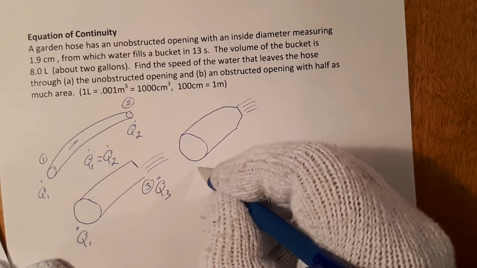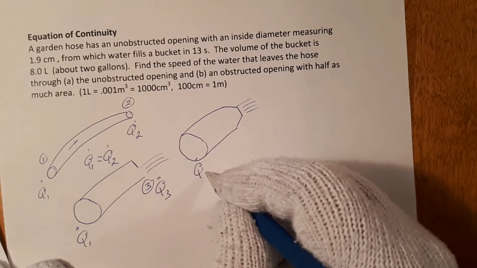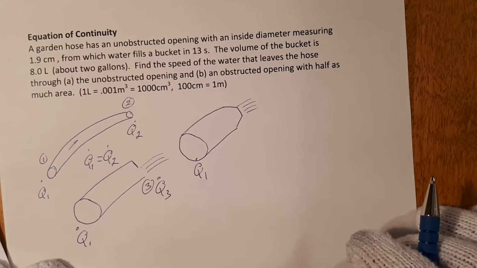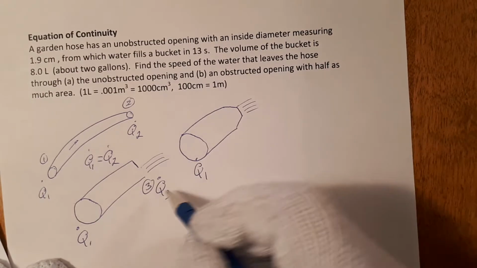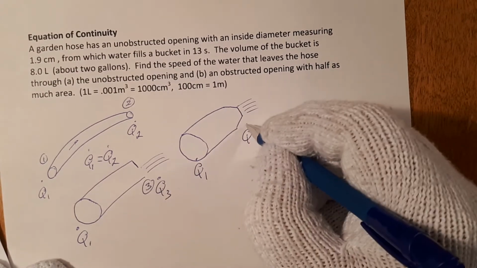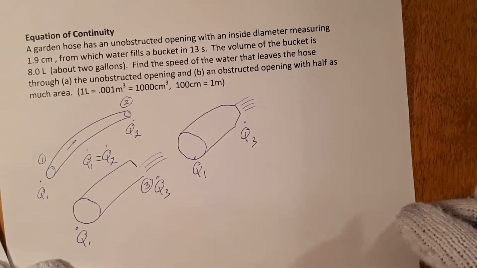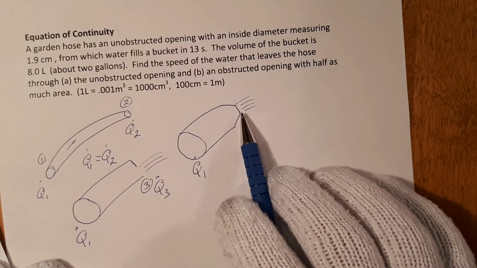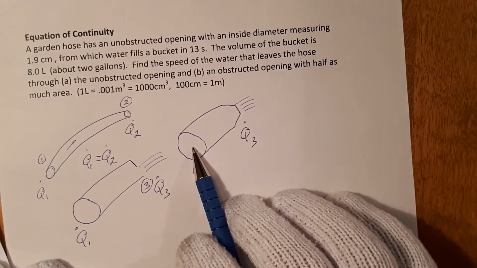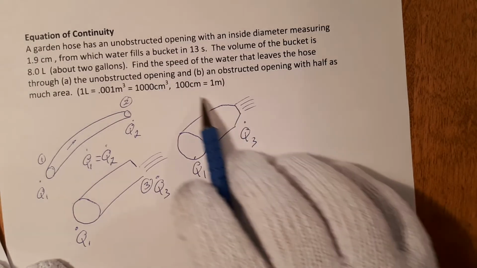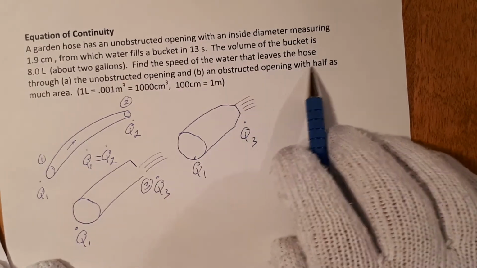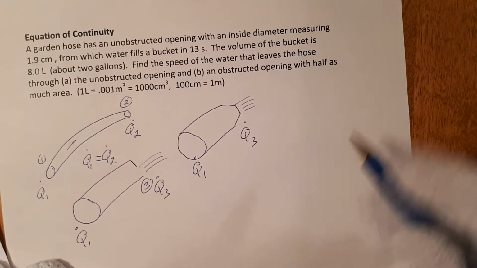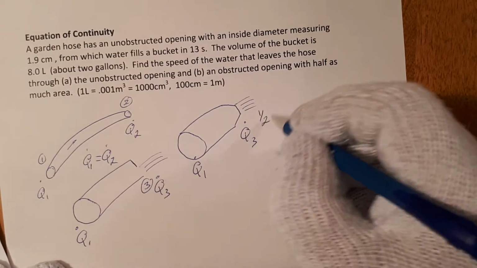So in here, going in, the volume flow rate going in, Q1, and the volume flow rate coming out will be Q3, Q dot 3, the volume flow rate leaving. The difference between here and there is this is half the original diameter. Or I should say this has half the original area, an opening with half as much area.